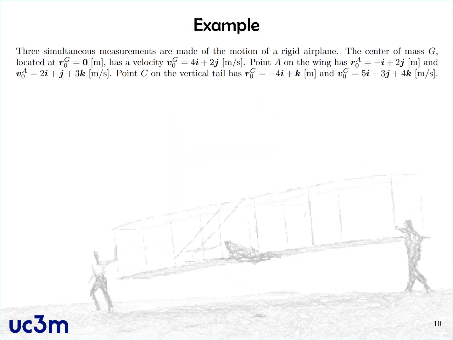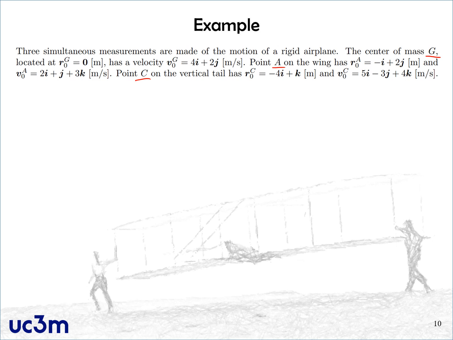So I think this is a good time to look at a simple example. Imagine that we have a rigid body, in this case an airplane, and we have 3 points, G, A, and C, of which we know the position and velocity in some reference frame S0. The center of mass happens to be point G, but this doesn't have any relevance for this particular problem. So we have this information about a particular instant of time of the motion of the rigid body.